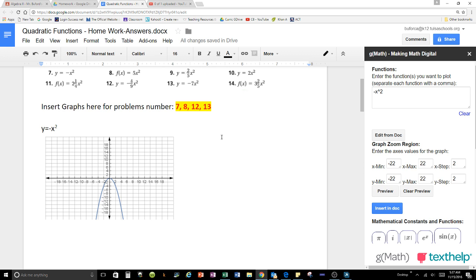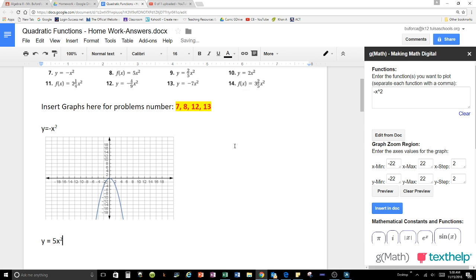So let's see. 8 is y equals 5x squared. So let's say y equals 5x. We say control period. It's 2.